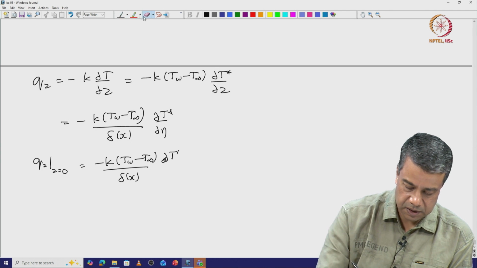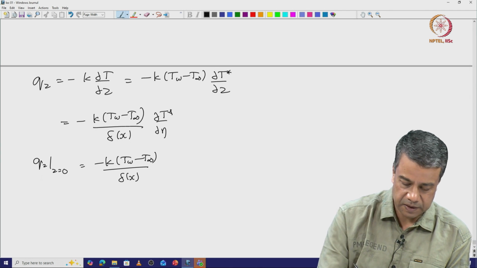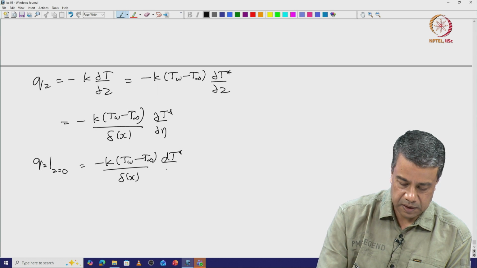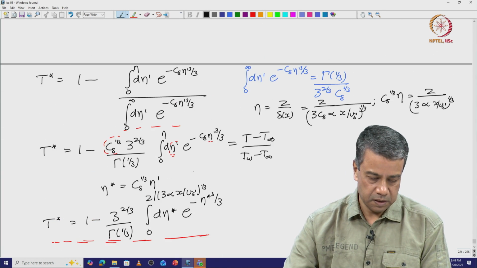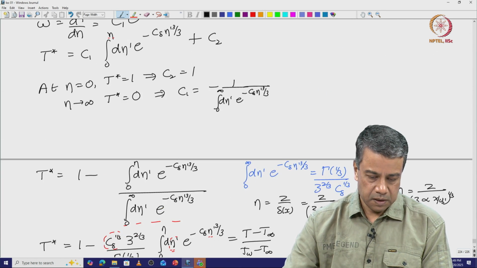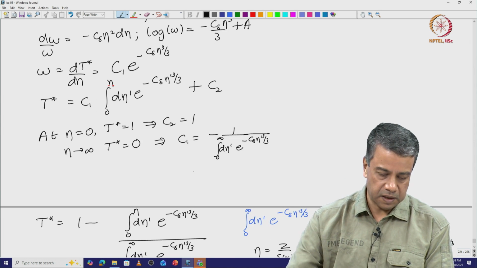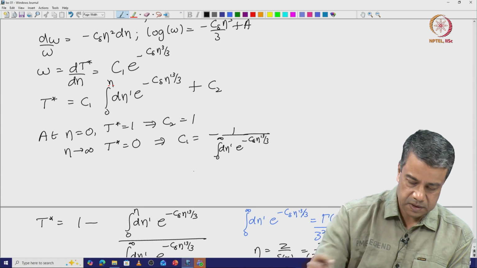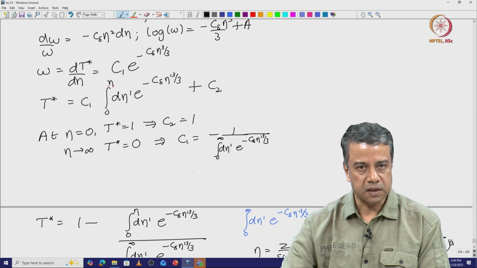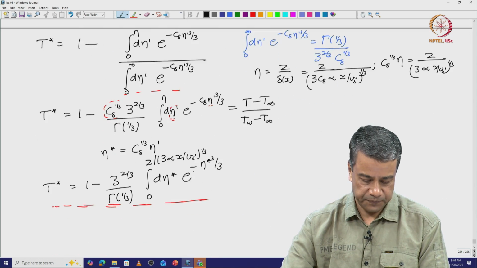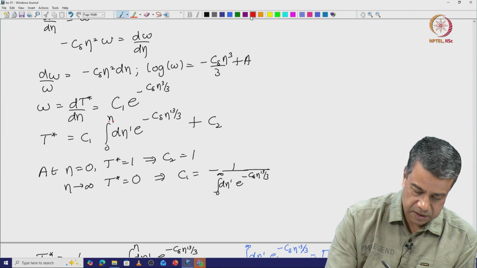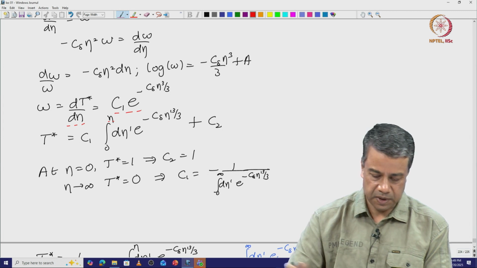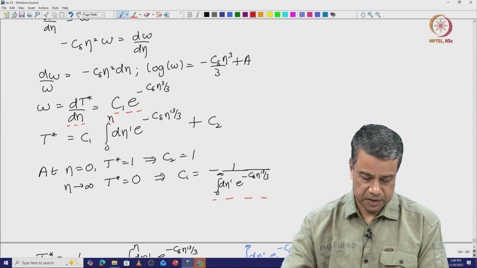This should be a total derivative because we have used a similarity variable. And this dT star by d eta at eta equal to 0 is just equal to this constant C1. You recall that we had solved for T star in terms of this constant C1, and C1 was given by this.